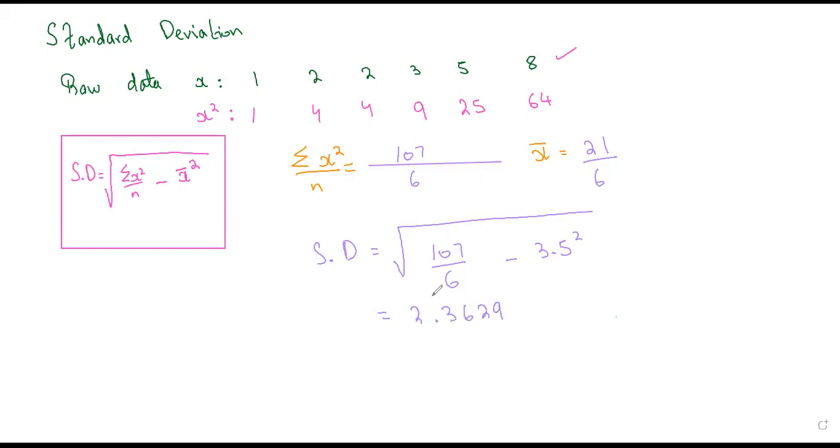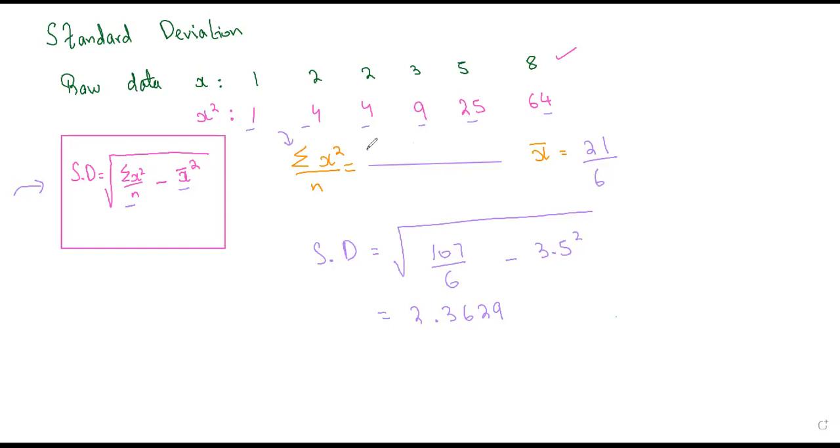2.3629. Okay. Ashal, this is the formula for standard deviation. We need this thing and this thing. So first, what is the formula? It says summation x squared over n. We need x squared and we need to sum them up. Summation means summing all of x squared.